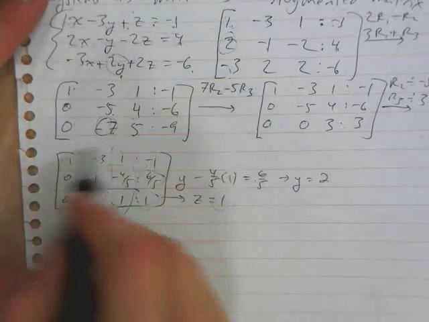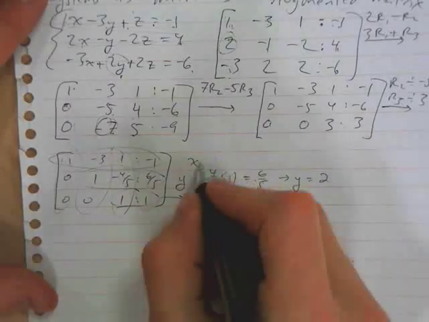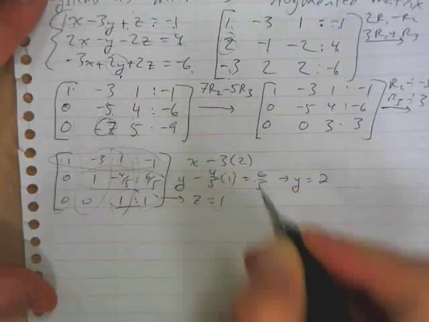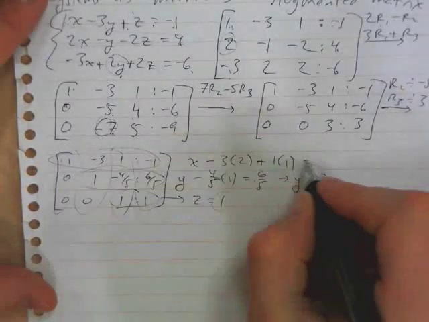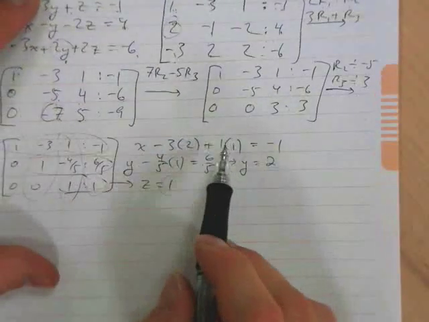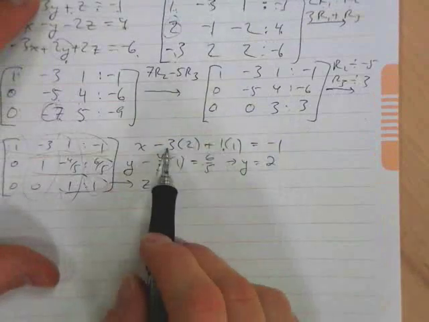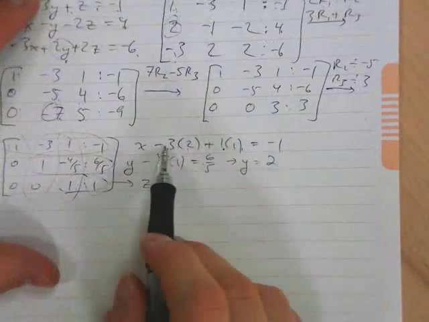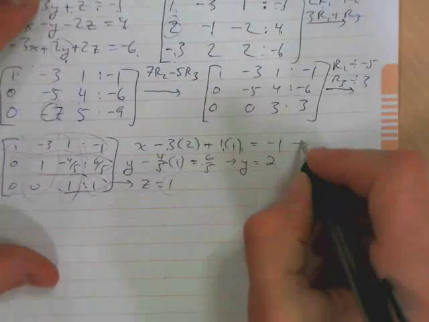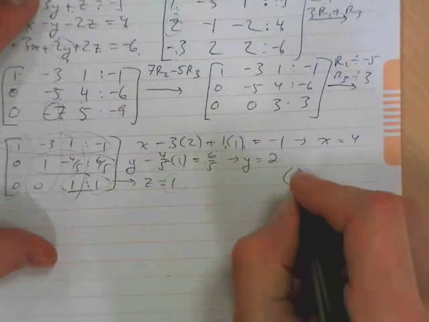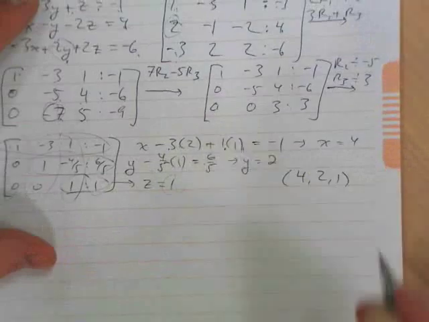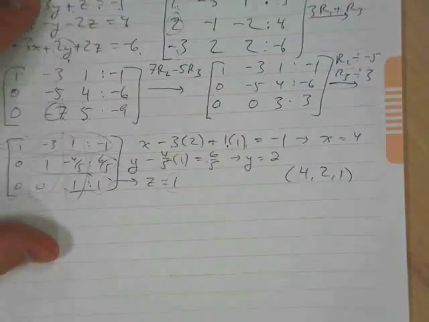And what this represents is x minus 3y, y is 2, plus 1z, z is 1, equals negative 1. So we can work this out. That's 1, negative 6, plus 1 is negative 5. We add the negative 5 over and get x equals 4. And so we have our solution to the system of equations. That is 4, 2, 1.